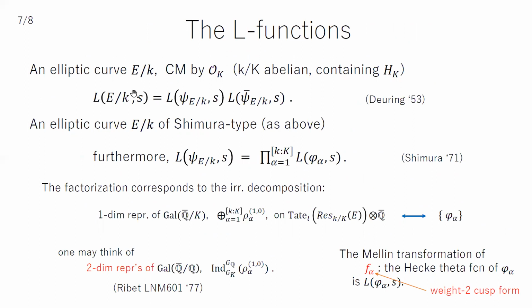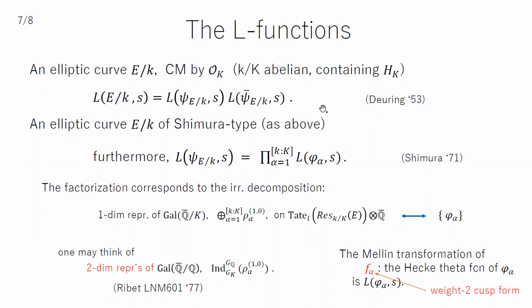For general arithmetic models of an elliptic curve with complex multiplication, it is known back in 1953 that the L function, which is the characteristic polynomial of the generators of the Galois group of the field of definition K, can be obtained as a product of what are called L functions of the Hecke characters. I'm not going to explain what it is because those details do not matter so much.